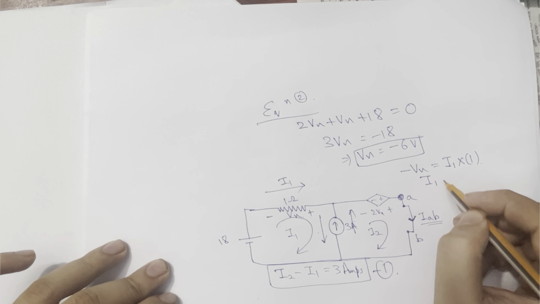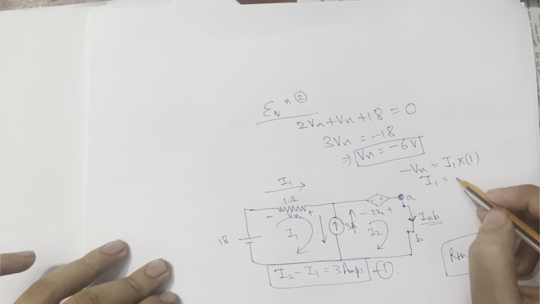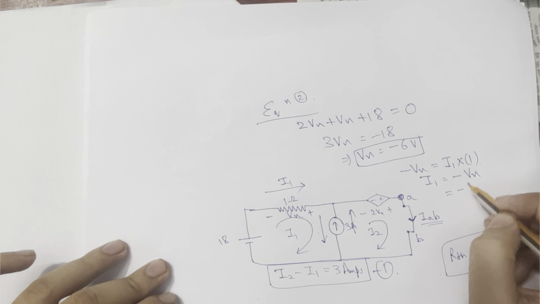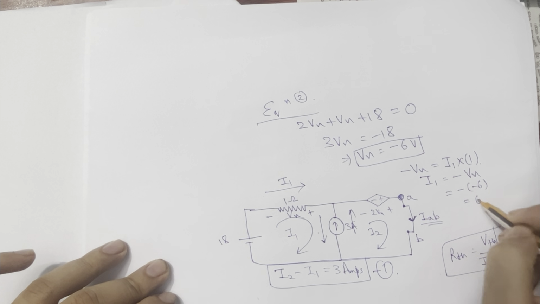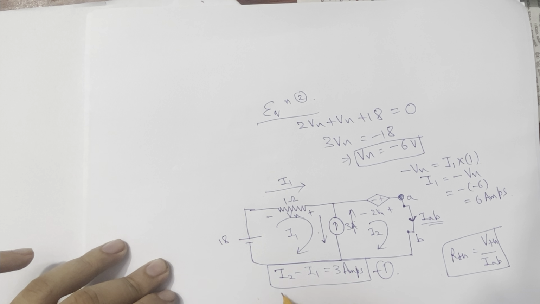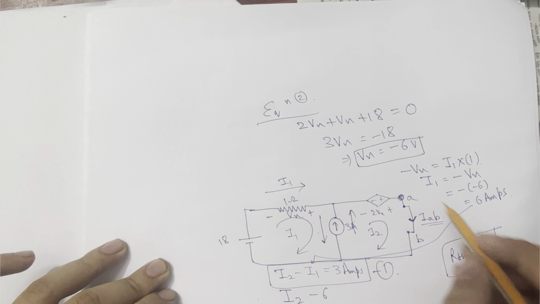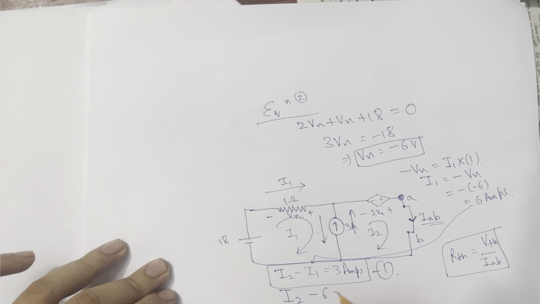So I1 is nothing but minus of Vx, which is minus of minus 6, equal to 6 amps. I got I1. Putting the value of I1 in I2 minus 6 equal to 3 amps, I2 comes out to be 9 amps.